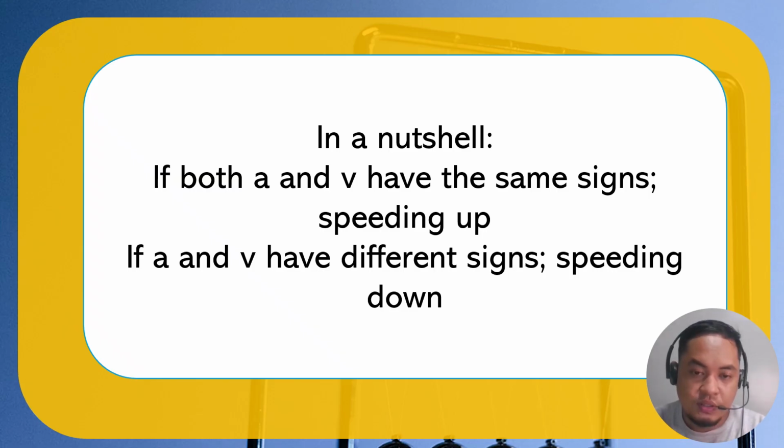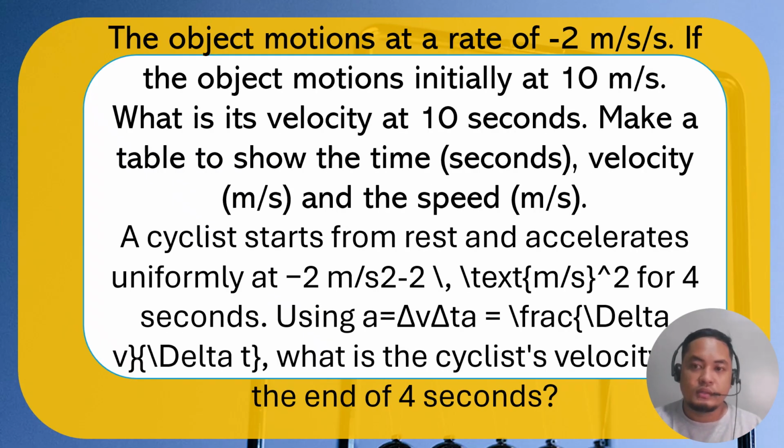If acceleration and velocity have different signs, it's slowing down. Okay, please remember that. Same sign between acceleration and velocity, the object is moving faster. If ever these two variables have different signs, it's slowing down.